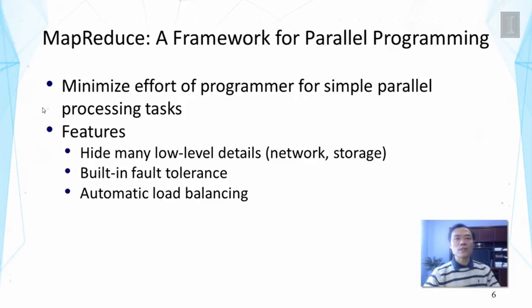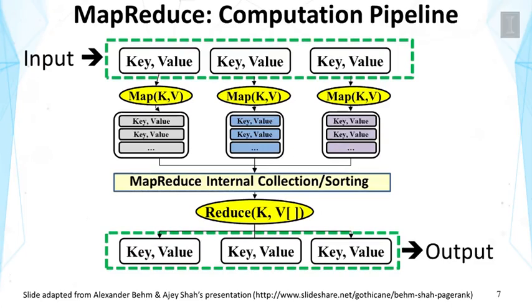If one server is broken, let's say the server is down, and then some tasks may not be finished, then the MapReduce mechanism would know that the task has not been done. So it would automatically dispatch the task on other servers that can do the job. And therefore, again, the programmer doesn't have to worry about that.